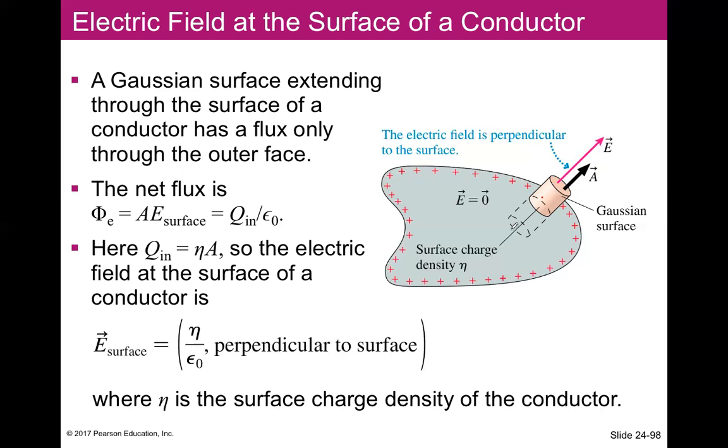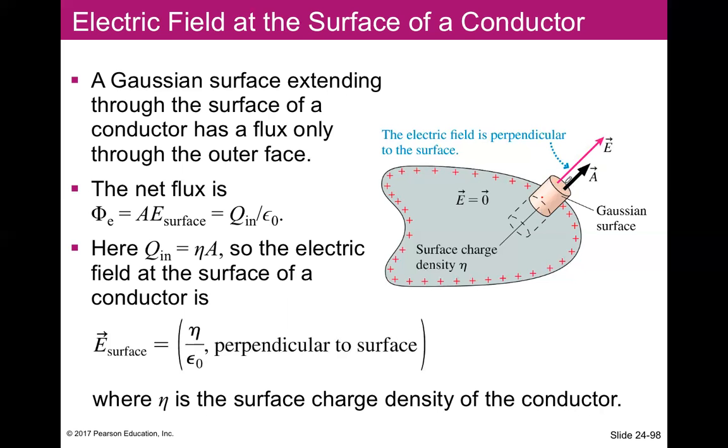Because your cylinder, if you do it correctly, should be perpendicular to the surface. And at that position, the field line is also perpendicular. That means there are no field lines going out or going in through the side surface. Then that's 0 for the side surface. Flux is 0.